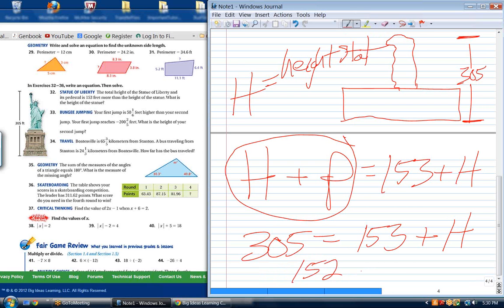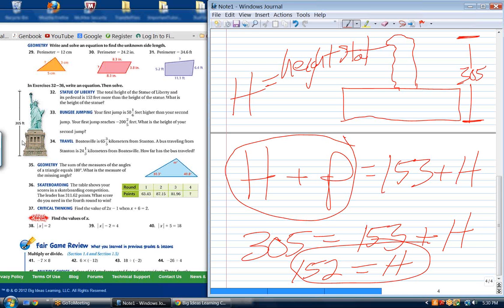So 152 equals h. Does that make sense? Yeah, because if this is 152 and this is 153, then they total 305.